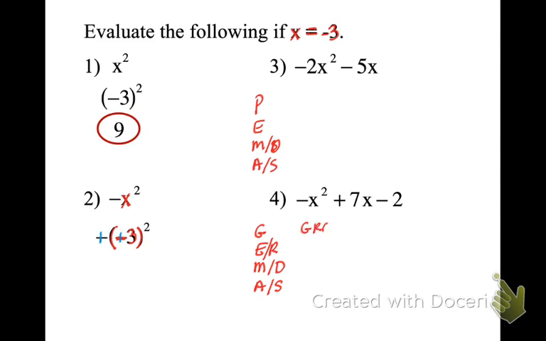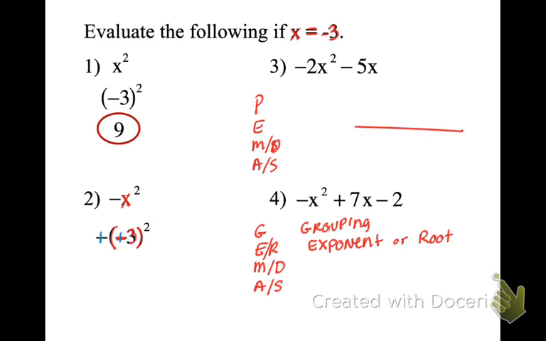This stands for grouping. E and R, where before it was just exponents, it's exponents or roots. Remember, whatever comes first from left to right. If the root comes first, we do that. If the exponent comes first, we do that. But first, we do our groups.